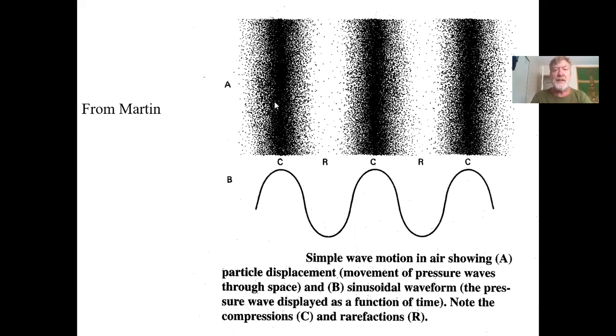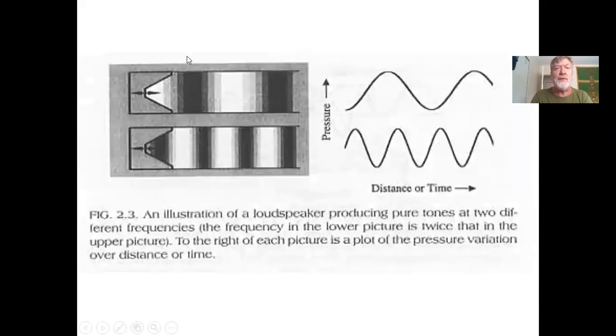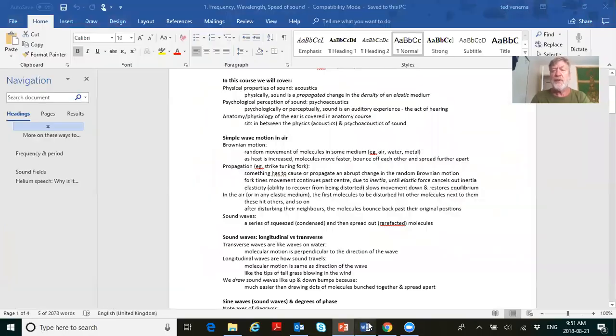Now I'm going to take this and we'll go to the notes and let's see where we are. Let's just read now. Brownian motion, the random movement of molecules in air or water or metal. Some medium. Those are called media.